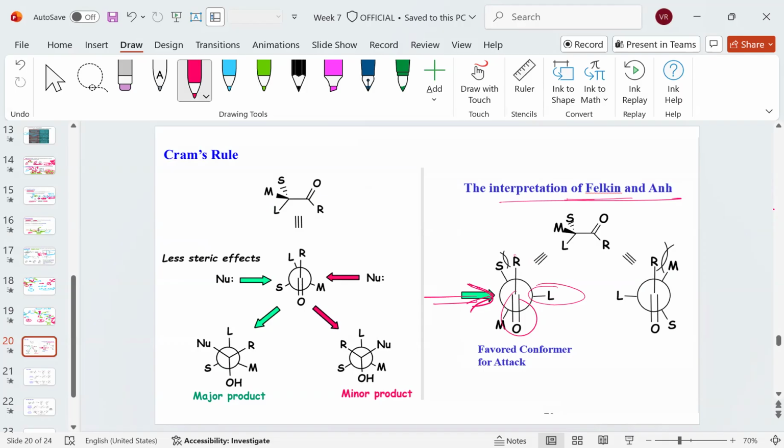So this is the Felkin-Anh model. This can also give you the product formation, which product is major and which is minor, that you can also derive by using this Felkin-Anh model.